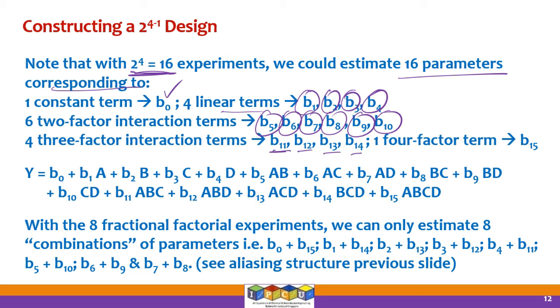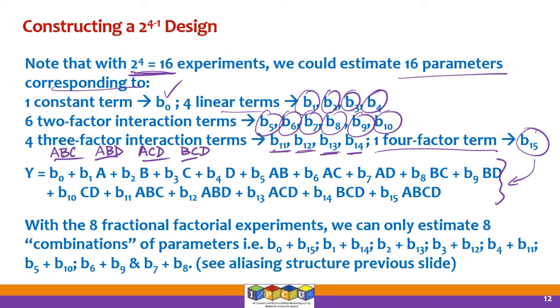And so these 4 parameters would correspond to coefficients of the 4 three-factor interaction terms. So ABC will be one of these interaction terms, ABD will be the next one, ACD will be the third one, and BCD will be the fourth one. So these are the 4 three-factor interaction terms that would be there. And one 4-factor term, the coefficient of which will be beta 15. So if you look at it, this is what I mean.